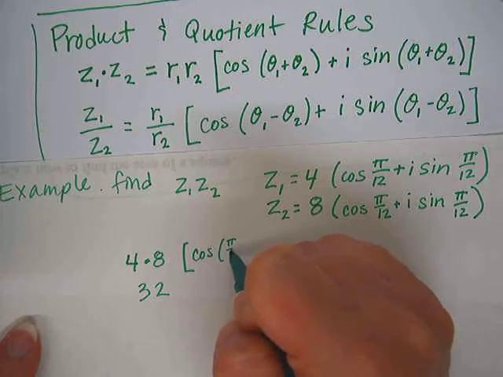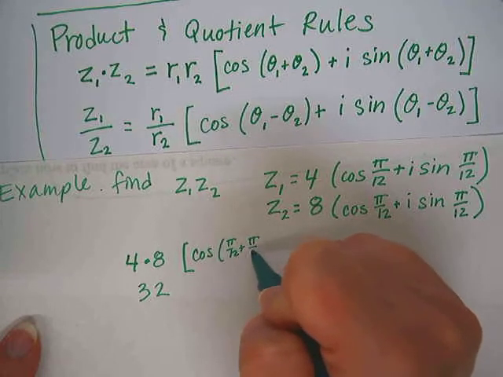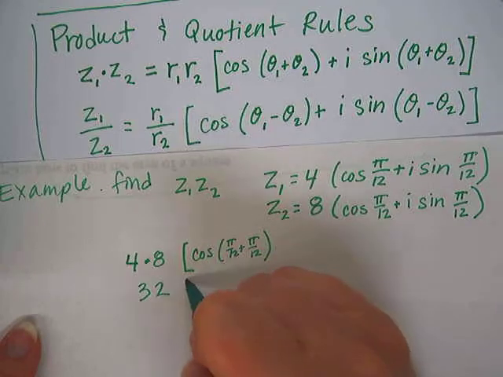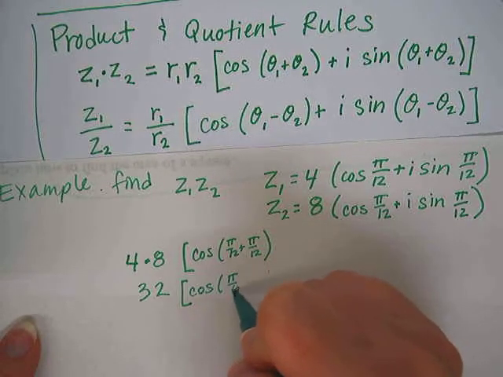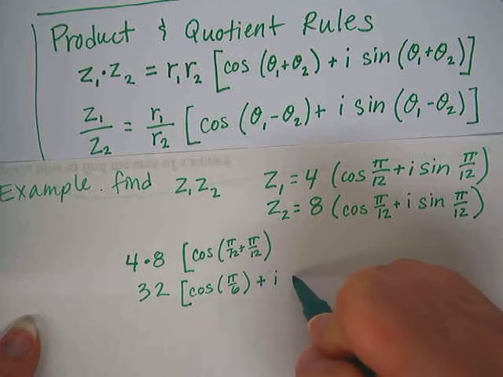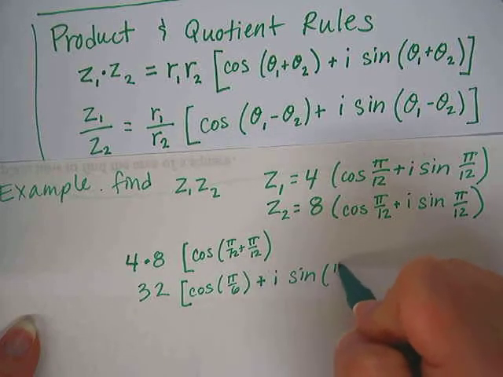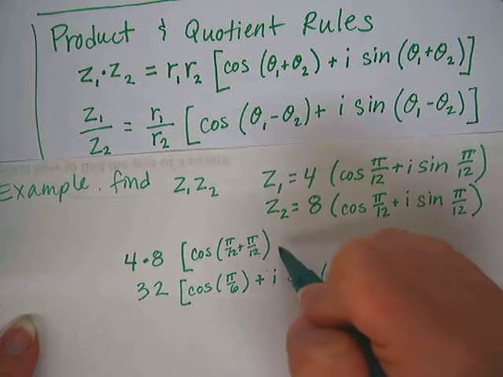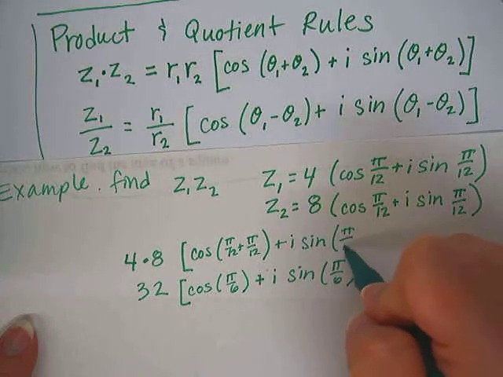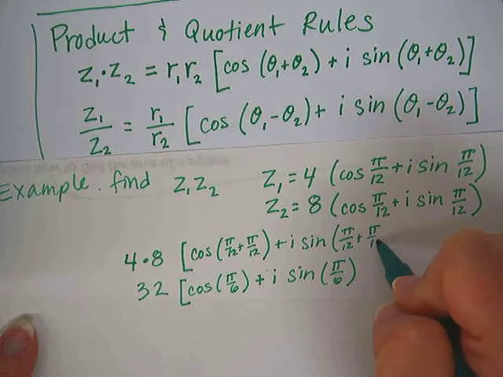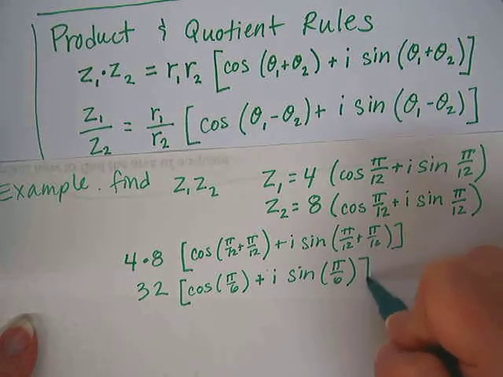Both of them are at the same angle, which is interesting. So it's just going to be cosine of pi/12 plus pi/12. What happens when you add two together like that? You have 2 pi/12, which is the same thing as pi/6. So the sine part is also going to be pi/6, because once you figure out one of them, you automatically have the other one, because they're always the same.